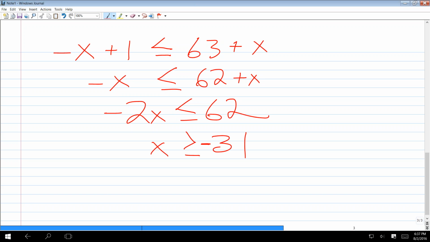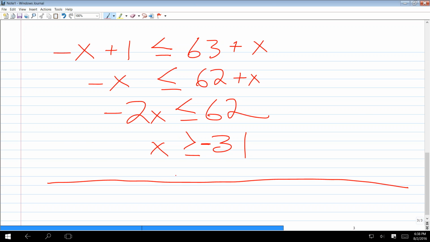In other words, make sure you do both things. Make sure you divide by a negative and you change the direction of the inequality sign. A lot of times it's easy to focus on changing the direction and you forget to actually divide by the negative, turning your answer negative.